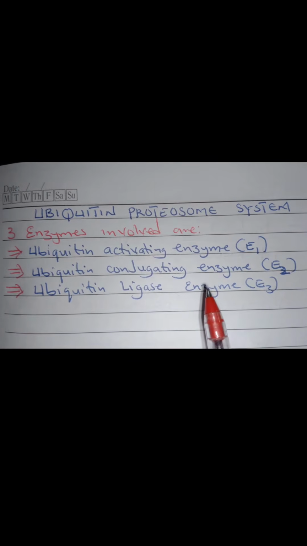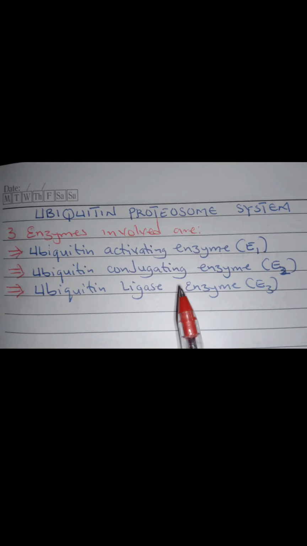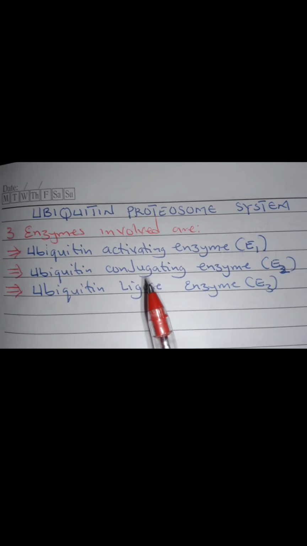Now, before we look at the role of each of these enzymes, one thing we should know is ubiquitin is a molecule that once it is attached to a particular protein, that protein is meant for destruction. Ubiquitin is a molecule that sends a signal for destruction.